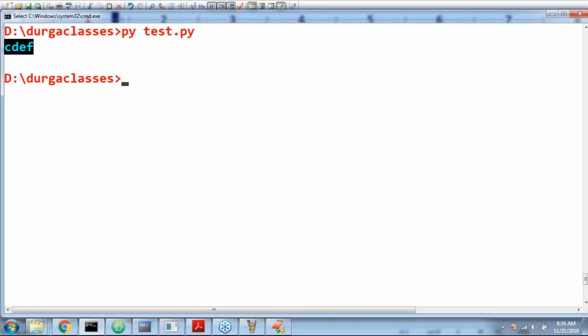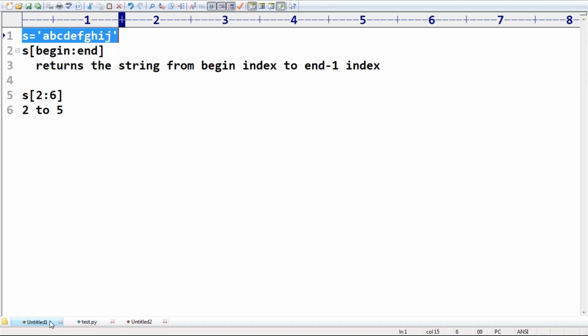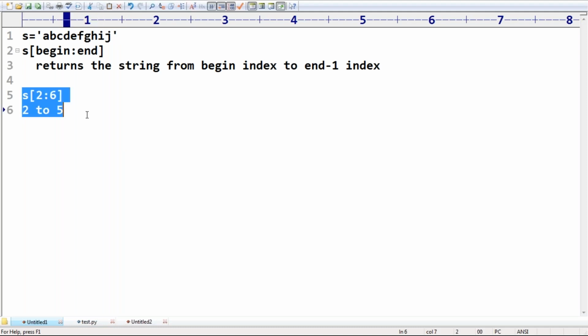Now you can take slices like this from anywhere. Here is one small twist: the begin index is optional, and the end index is also optional. If you are not specifying the begin index, the default value for begin is 0.